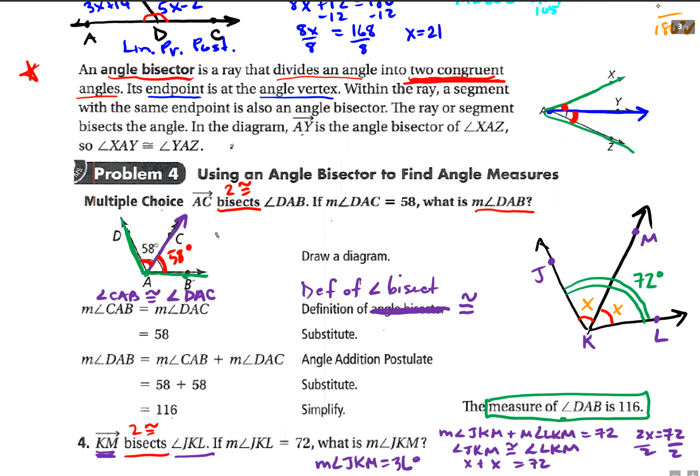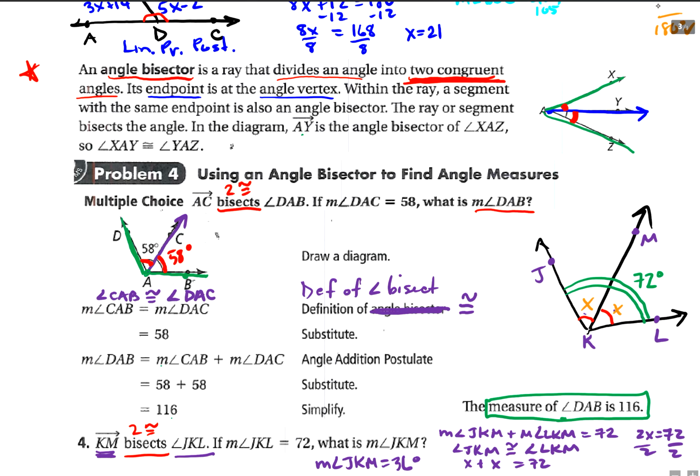And then I'm told that angle JKL measures 72 degrees. So that is the entire angle. Well, I don't know my two little angles inside, so I labeled them x. In math, if we don't know something, it's x. We still know what it is. It's x, because x is a number.